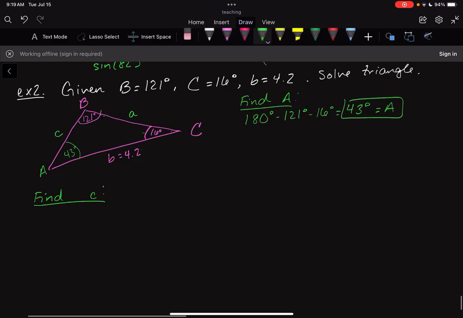So to find C, I have the fully developed ratio of B, so I want to use that. And then since I'm looking for C, I'm going to use the ratio of C. I plug everything in.